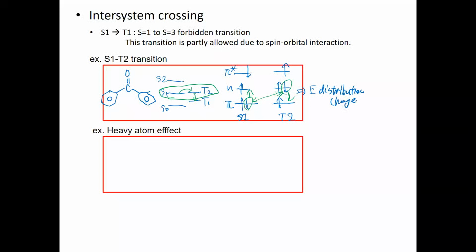So if the electron shape changes very largely, it could induce a magnetic field, because the electric field and the magnetic field are always kind of interchangeable. So when the electron configuration changes, a magnetic field is induced.